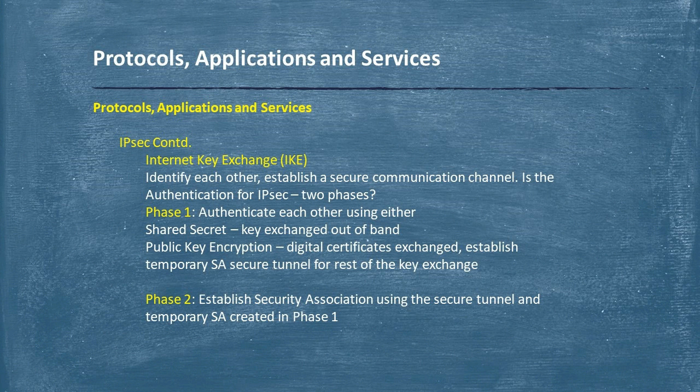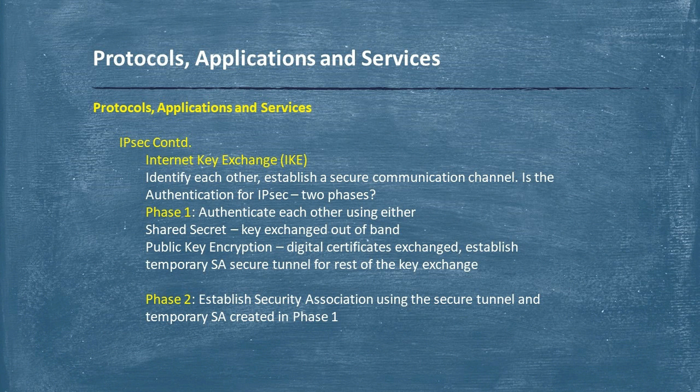The first phase, authenticate each other using either a shared secret key. The key exchange is out of band, in the sense it should have been done already, either manually or by any method, using the Diffie-Hellman algorithm. We again saw how to exchange keys using Diffie-Hellman.